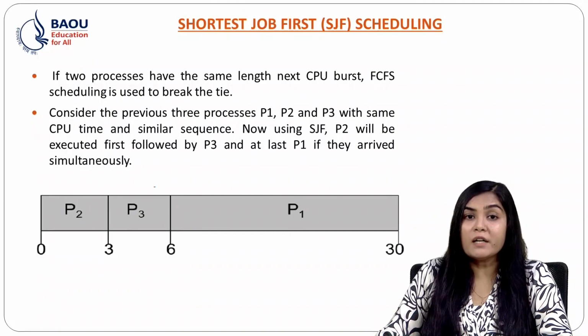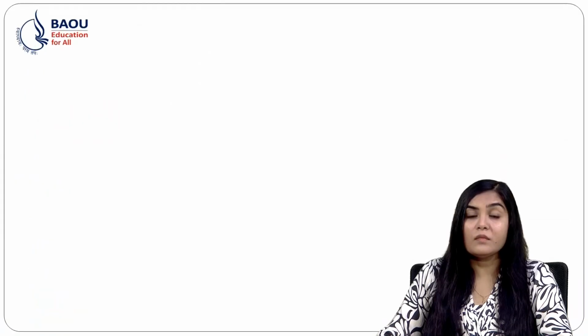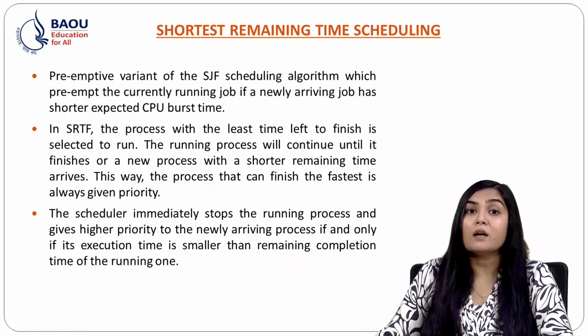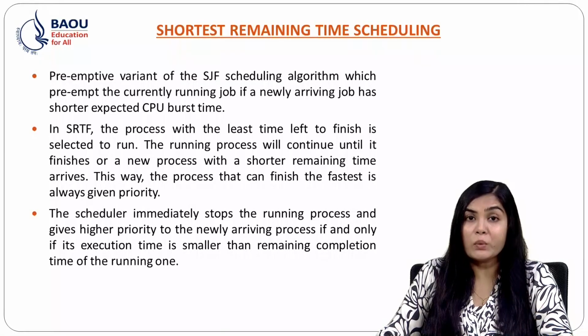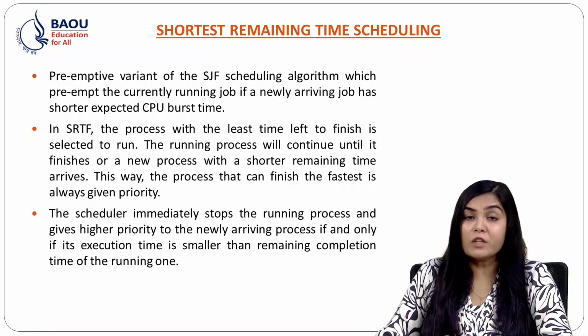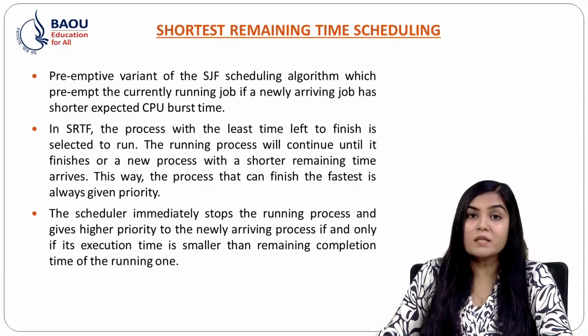In SRTF, the process with the least time left to finish is selected to run. The running process will continue until it finishes or a new process with a shorter remaining time arrives. This way, the process that can finish the fastest is always given priority.